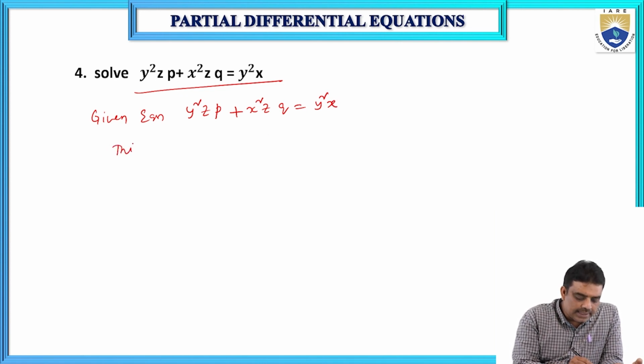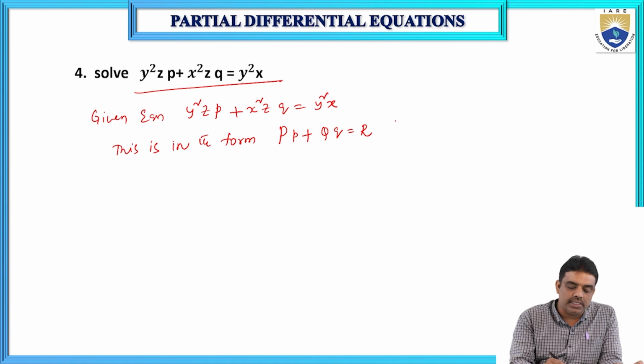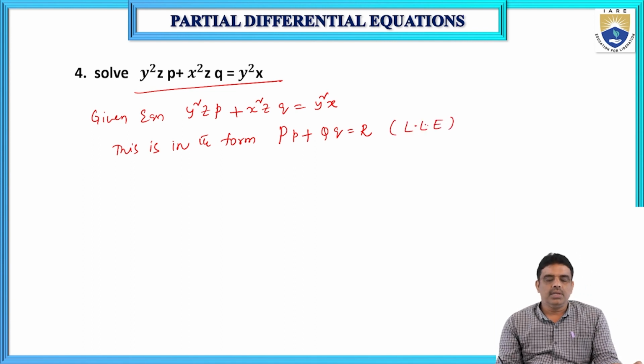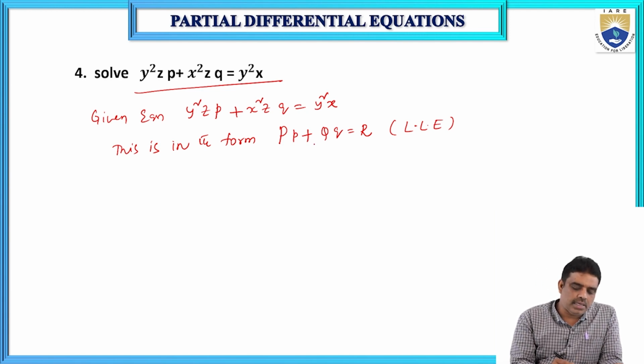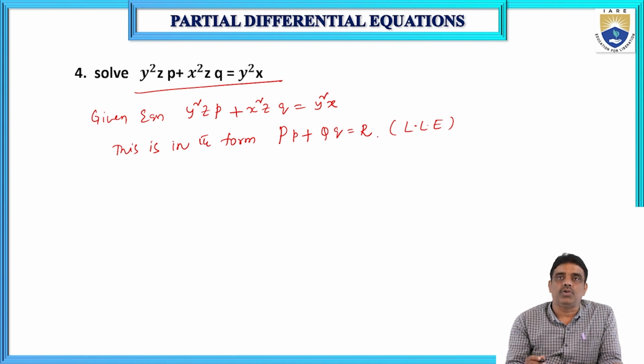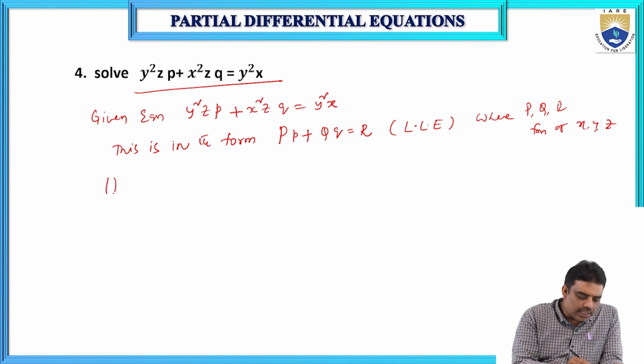So this is in the form, in what form it is? Capital P small p plus capital Q small q is equal to R. So what is this? This is in the form of Lagrange's linear equation, P small p plus Q small q is equal to R, where P, Q, R are functions of x, y, z.